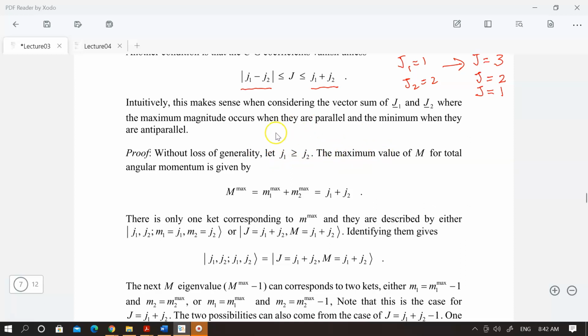Once you fix that, I know, for example, the maximum value of m will follow the maximum value of J1 plus J2. That gives you the first information about the relationship between the two, because you have m max equals m1 max plus m2 max, and m1 max must come from J1 and m2 max must come from J2.